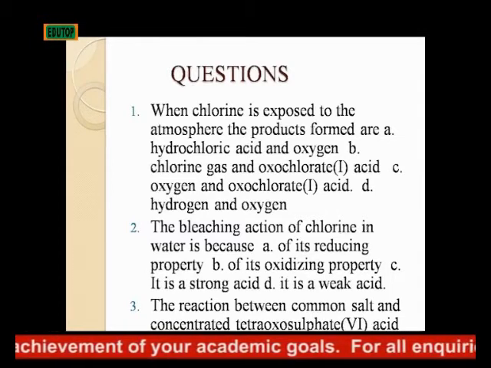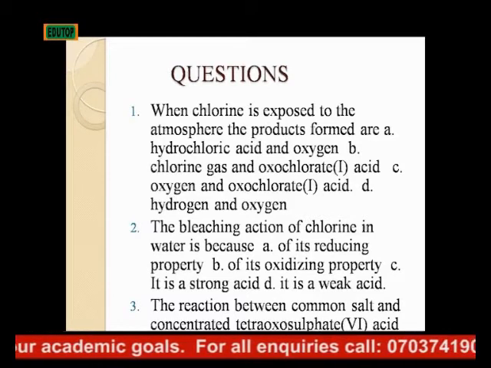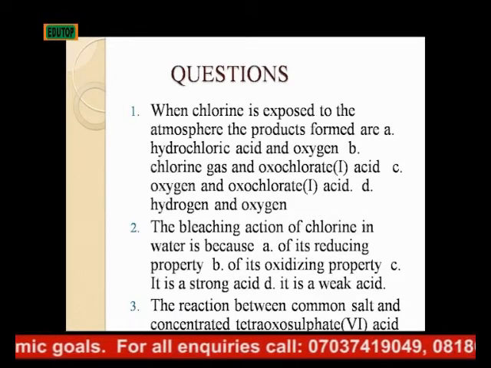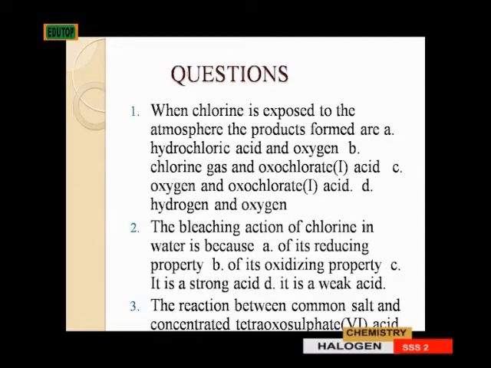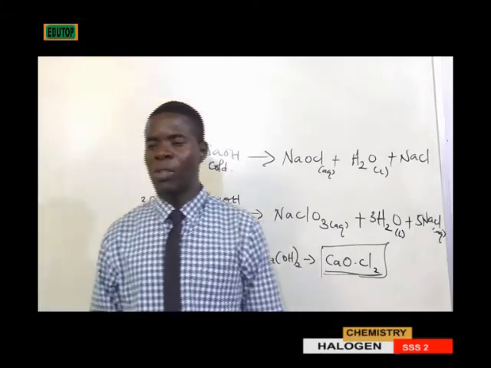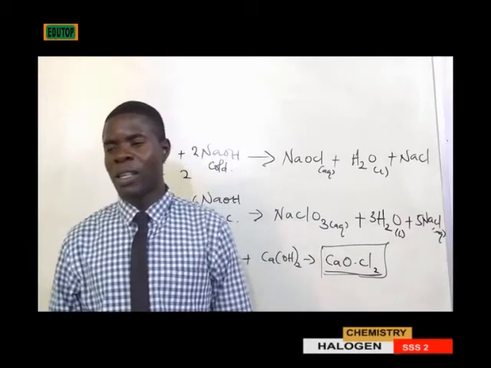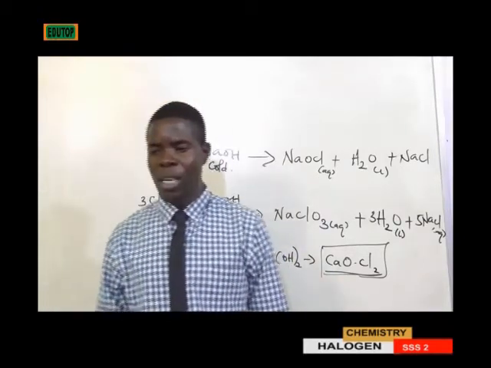B. Its oxidizing property. C. It is a strong acid. D. It is a weak acid. 3. The reaction between common salt and concentrated tetraoxosulfate(VI) acid liberates: A. sulfur(IV) oxide. B. Hydrogen chloride gas. C. Hydrogen sulfide gas. D. Hydrogen gas.